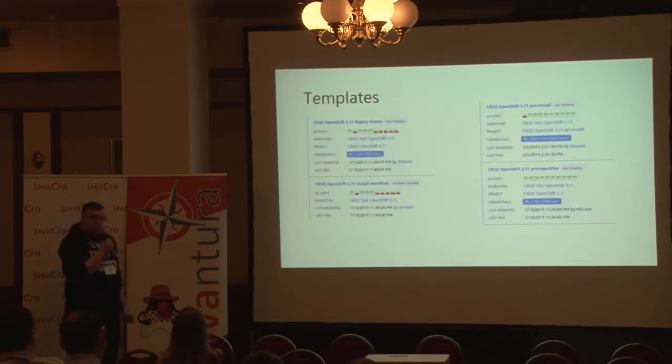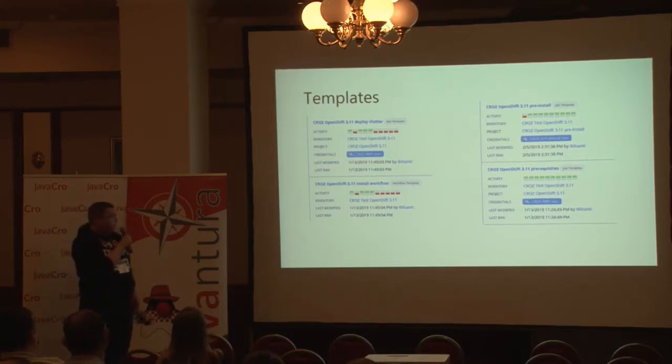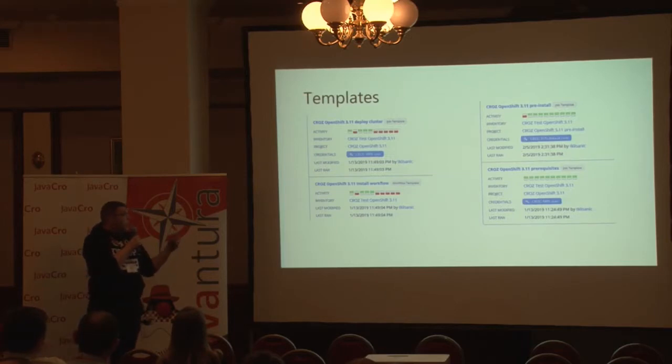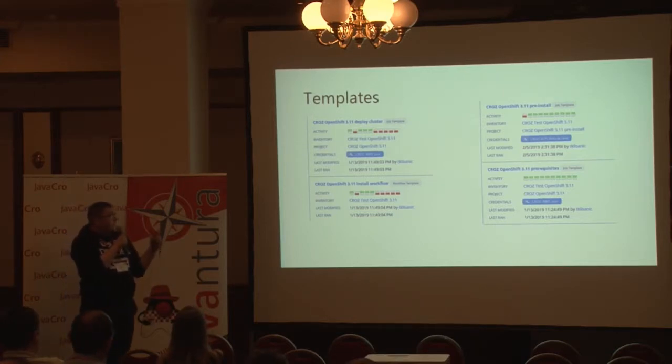After we have created a project and an inventory, the next step is to create a workflow. On the pictures you can see that we have failed workflows because we did some testing before everything worked. We created 4 workflows in the end. The first workflow is our desired state scripts, the pre-install scripts.